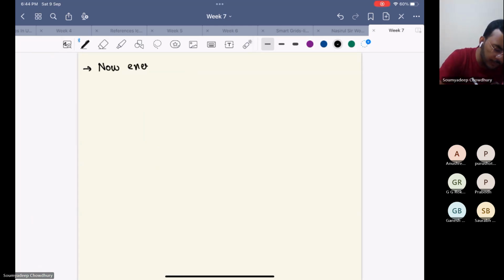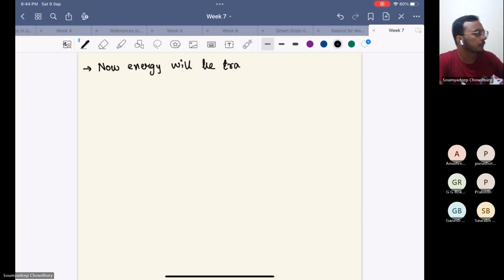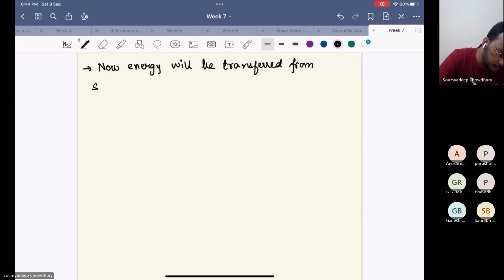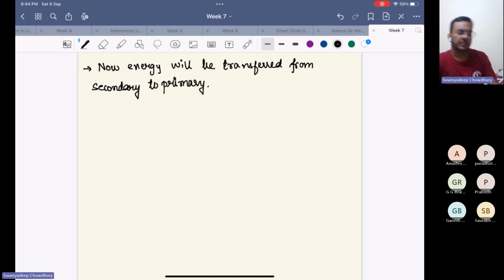Now energy will be transferred from secondary to primary.